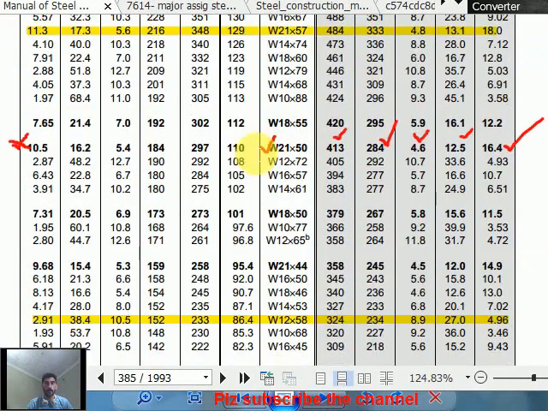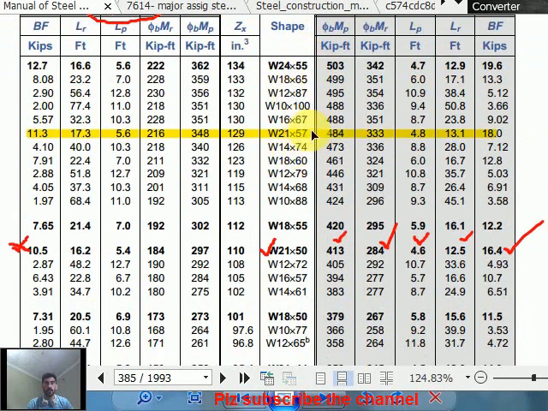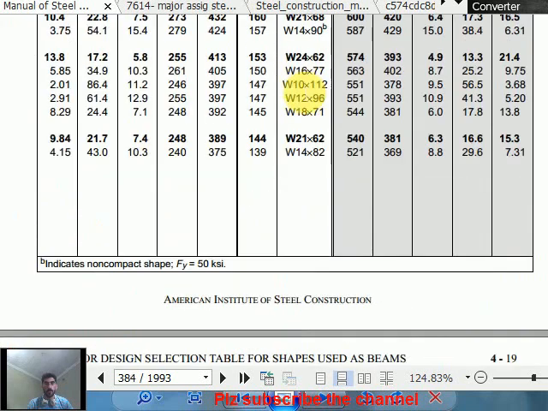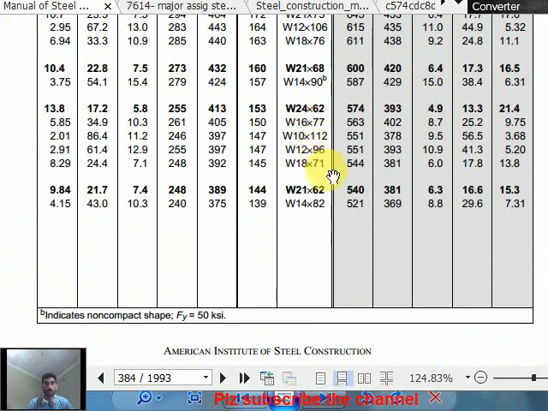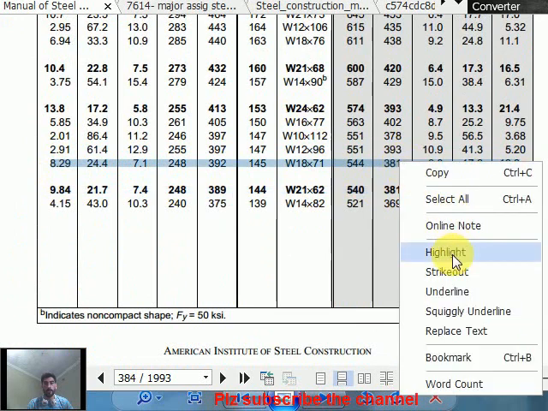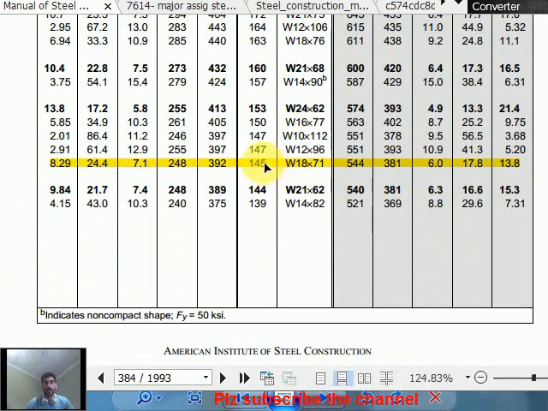Here you see W21 is rejected because we can't use this, and we have to use W18x71, clear, a little bit higher, W18x71, this section. Now you see this section, clear, having a ZX of 146, and you need these values, and let me show you this value.